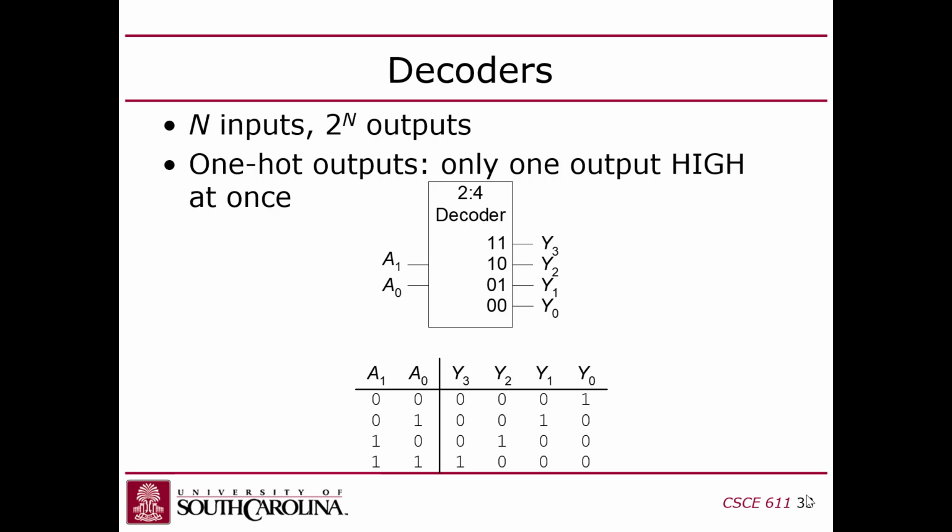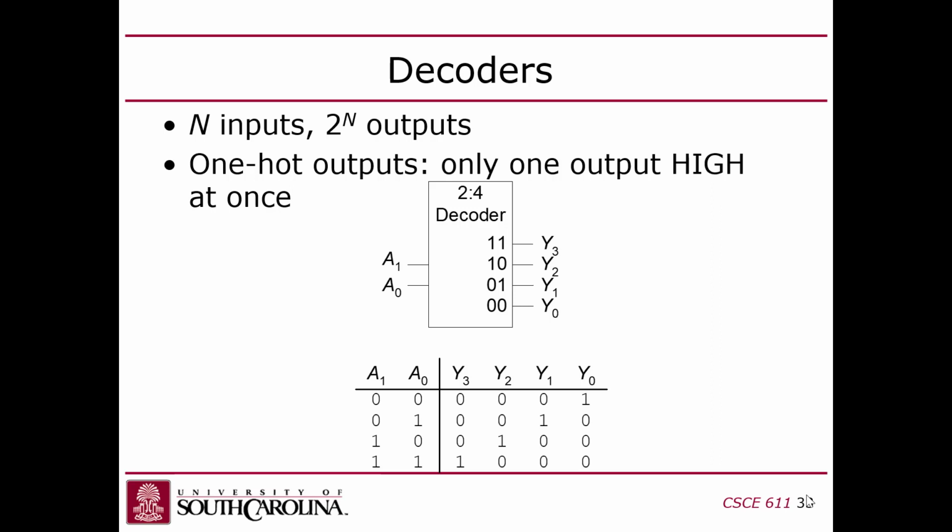A decoder essentially takes a binary value and converts it to a unary value, meaning you treat the input as a binary number, and then you set the corresponding output to 1, and all the other outputs become 0.